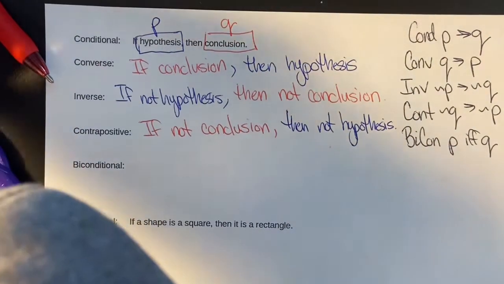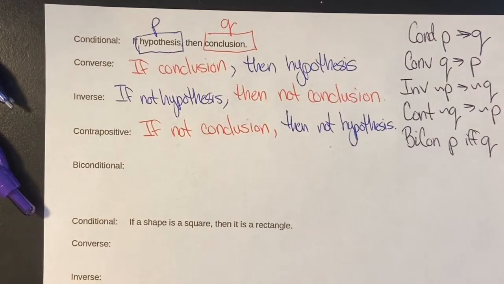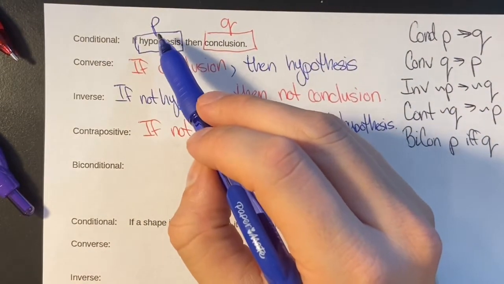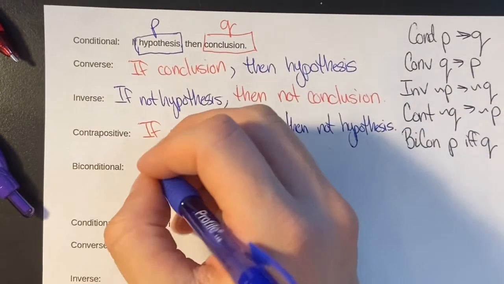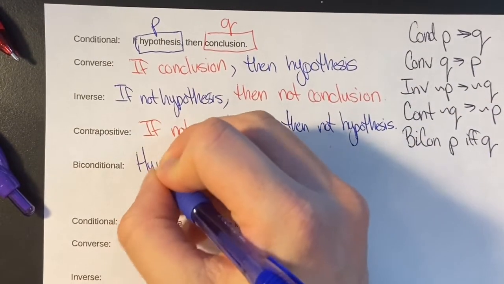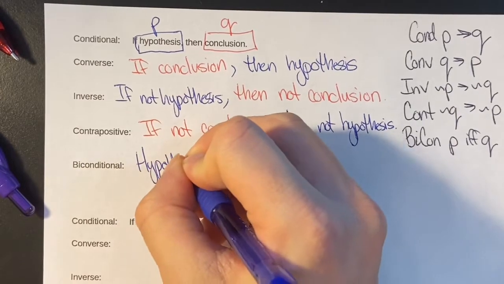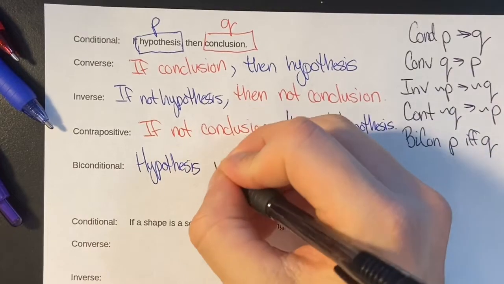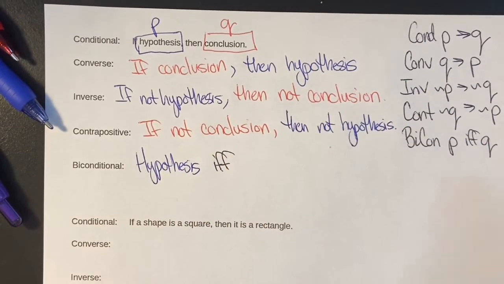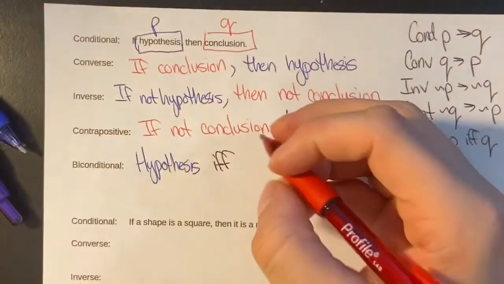Last but not least, the biconditional has you rephrase it so that you say P if and only if Q. So hypothesis if and only if, IFF, conclusion.